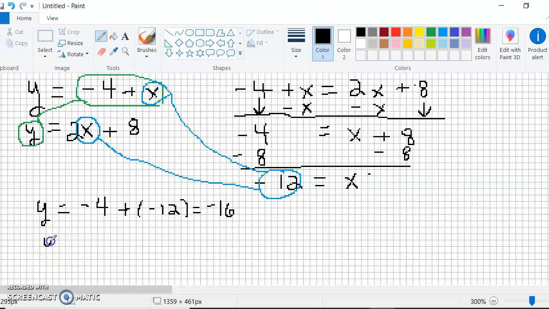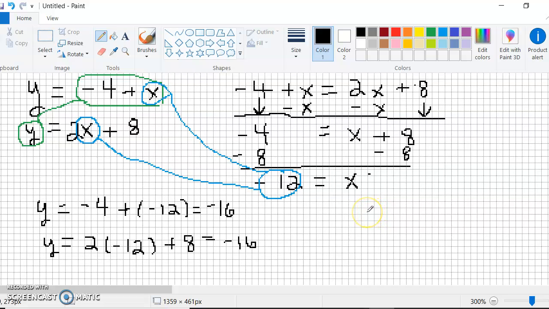Okay, on this we have y is equal to 2 times -12 plus 8. And guess what? So you have 2 times negative 12 is negative 24, plus 8 equals negative 16. Okay, so you know that your answer is right.